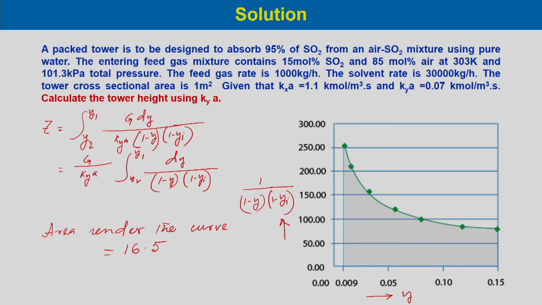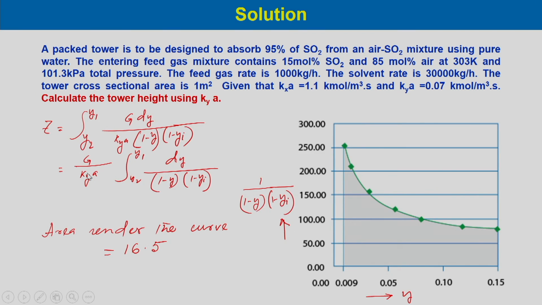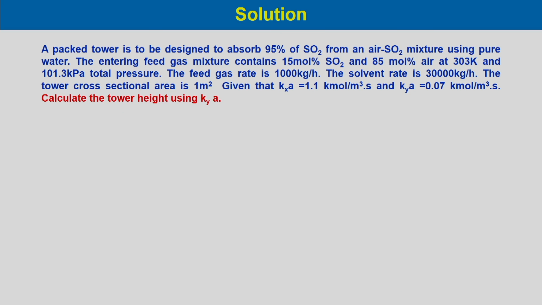We have to calculate G; we will take the average value of G because it is changing due to solute transfer. kya is given, so we can calculate the height of the tower. kya is 0.07 kilomole per meter cube second, which we multiply by 3600 to get kilomole per meter cube hour.